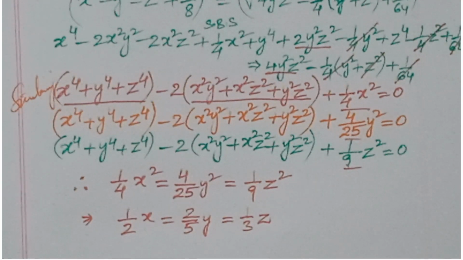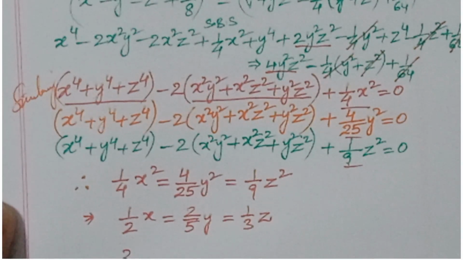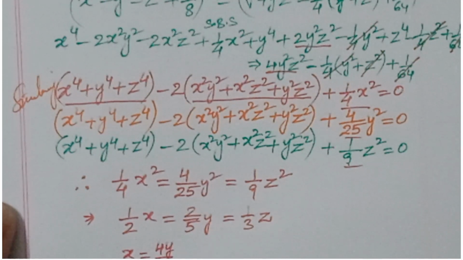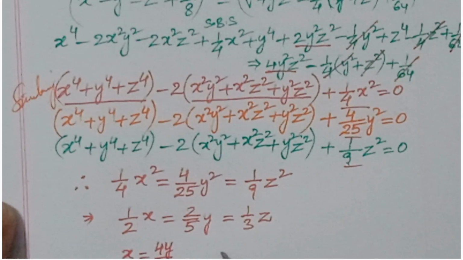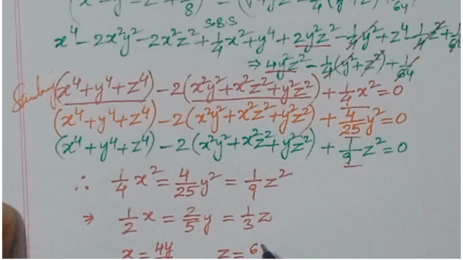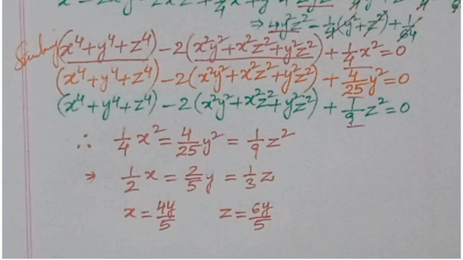So from this I want to write x value in terms of y. X value is 4y by 5 and z value in terms of y is 6y by 5. X value 4y by 5, z value is 6y by 5.